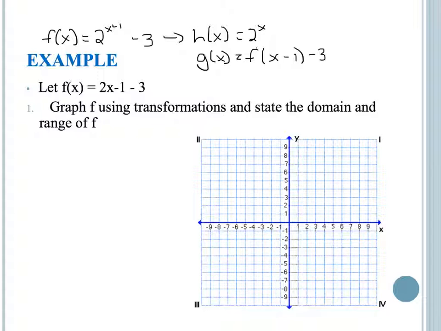So let's see if I can remember what inside the parentheses and outside the parentheses tells me what to do to my function. So if I have x minus 1 inside the parentheses, that's telling me to shift my graph to the right.